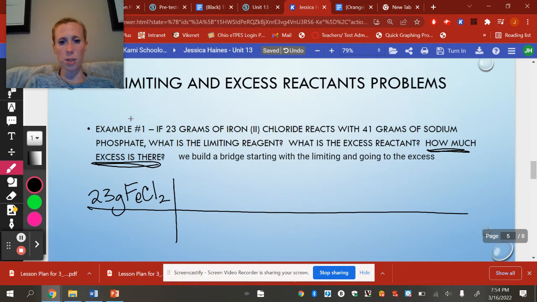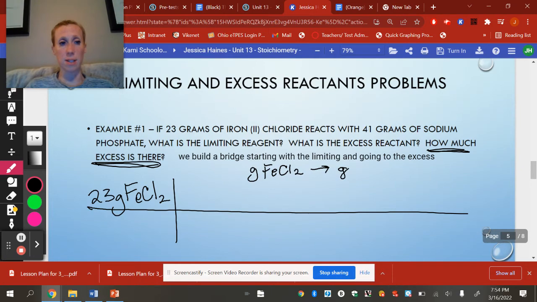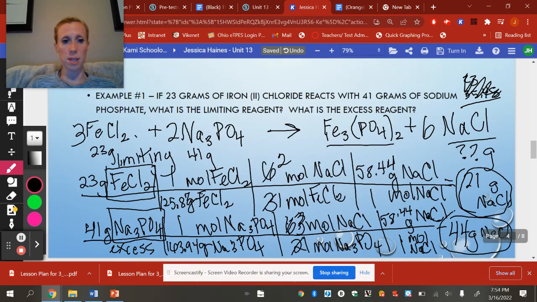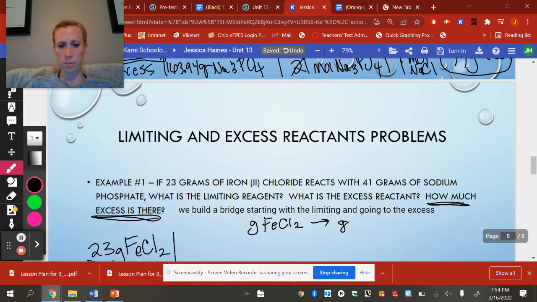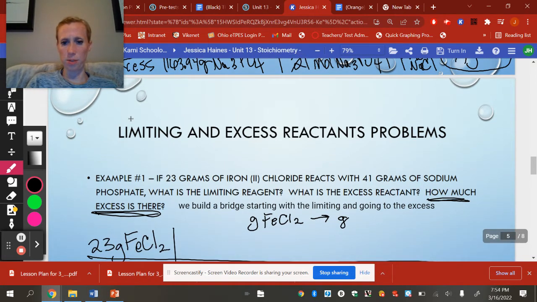Okay, so just to identify what I'm doing here before I do it, I'm going to go from grams of FeCl2 to grams of the excess reactant, which in this particular case is the Na3PO4. So we're going from grams of FeCl2 to grams of Na3PO4.